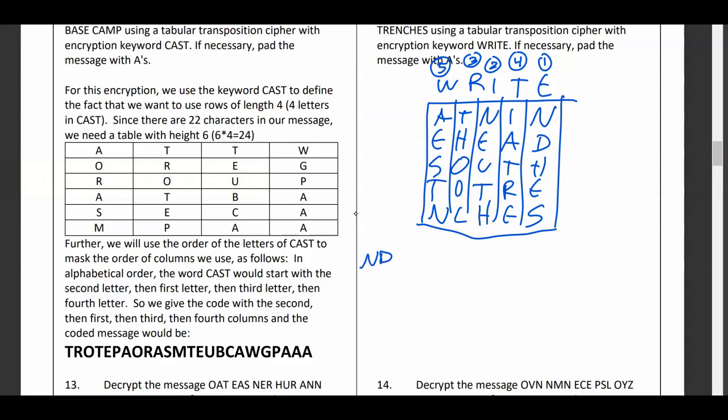So this would be NDHES, NEUTH, THOOC, IATRE, AESTN.